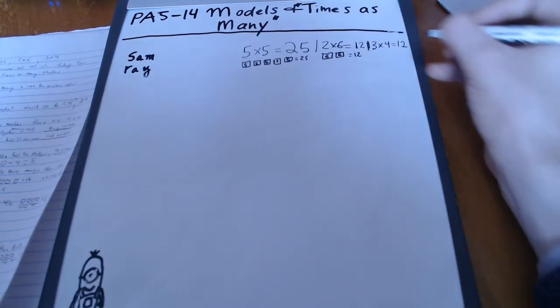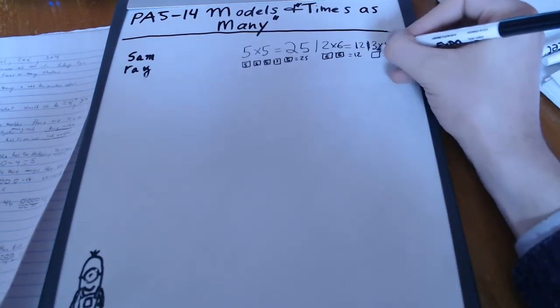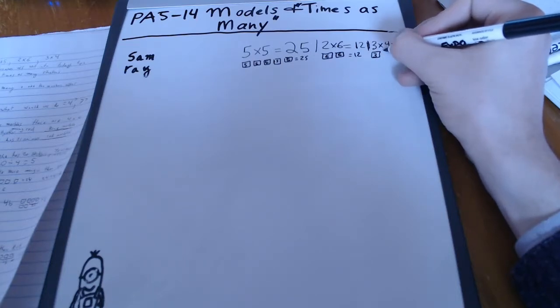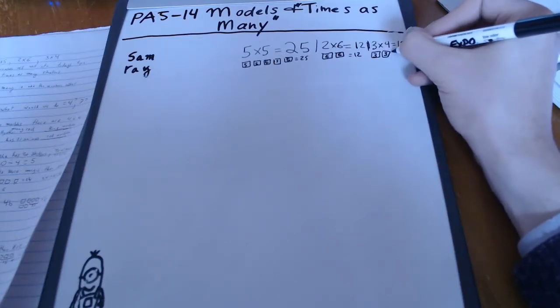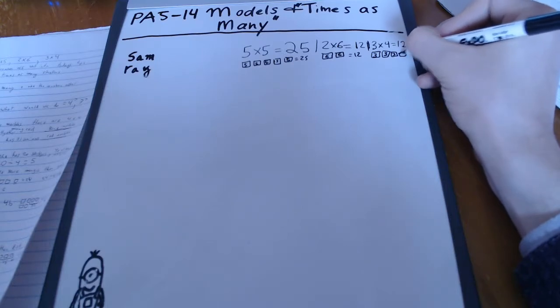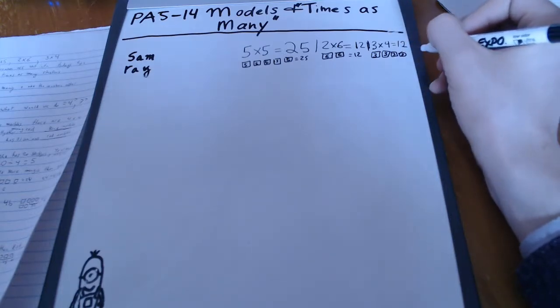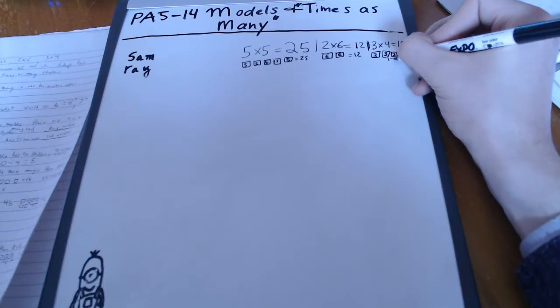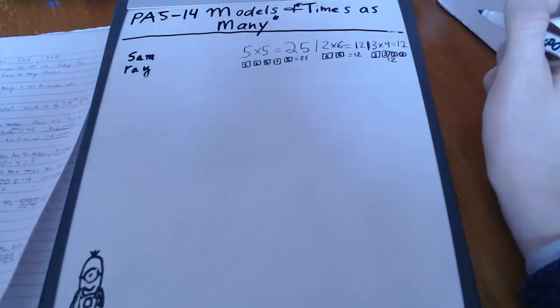You see that? And here would be 3 boxes of 3. Anyways, we could do that. That's another way of looking at it. 3, 3, and 3. And then you'd have a total of 12.